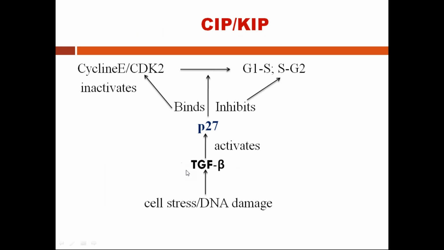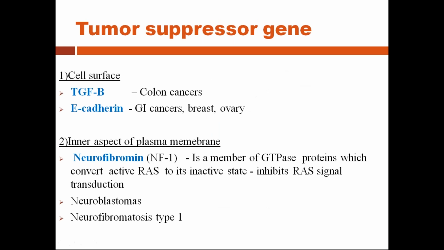It's the transforming growth factor beta, which senses the DNA damage when the cell is under stress, and it activates P27, which in turn activates this complex, and the cell undergoes cell cycle arrest at these phases of the cell cycle. So it's a tumor suppressor gene because it is causing cell cycle arrest.